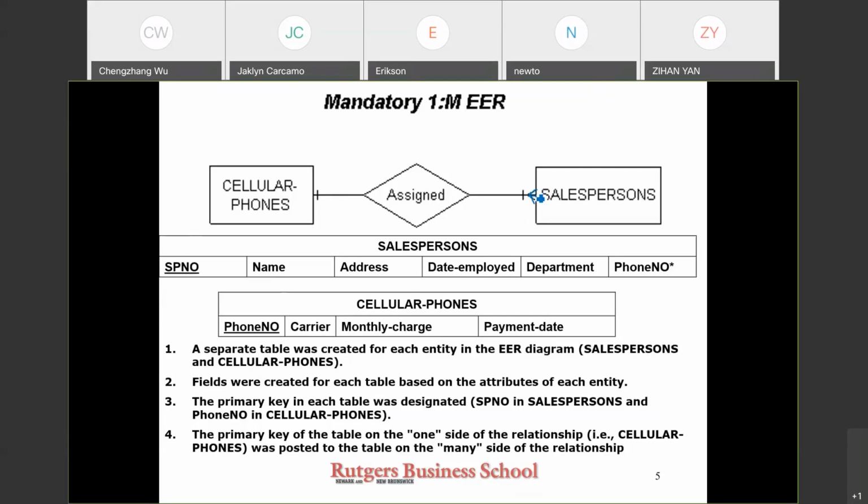Well, the scenario depicted in this diagram indicates one cell phone is shared by many salespersons. You should note the bar against both entity symbols continues to indicate the mandatory nature of the participation.